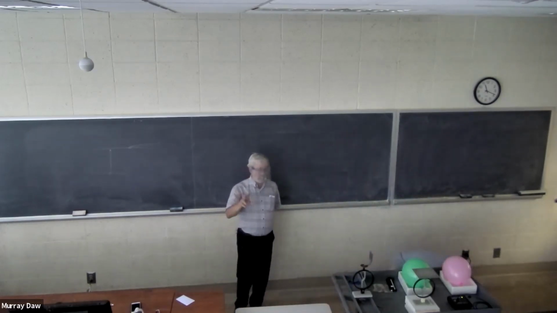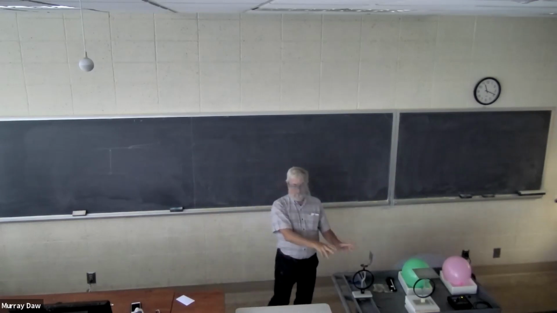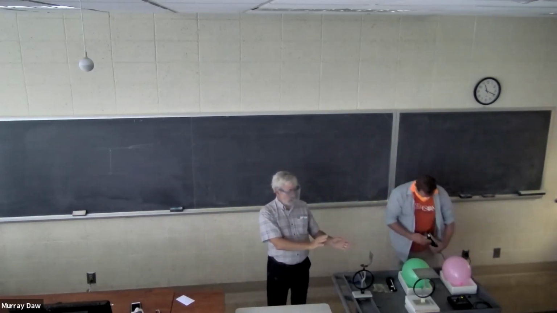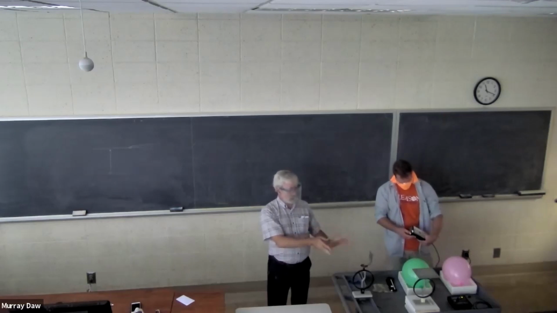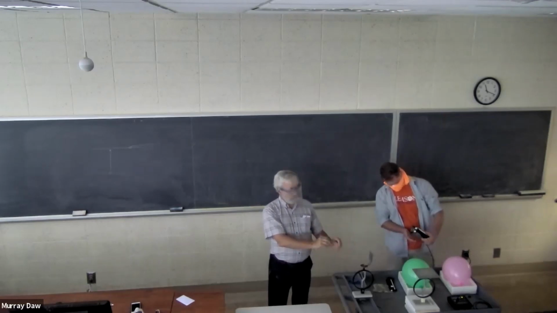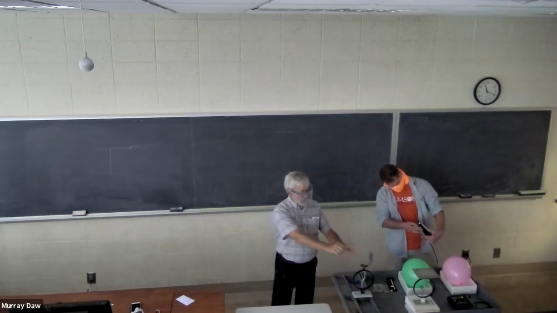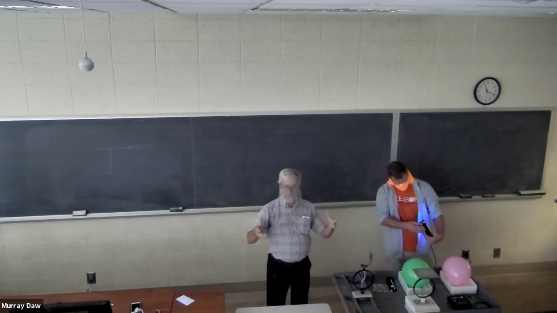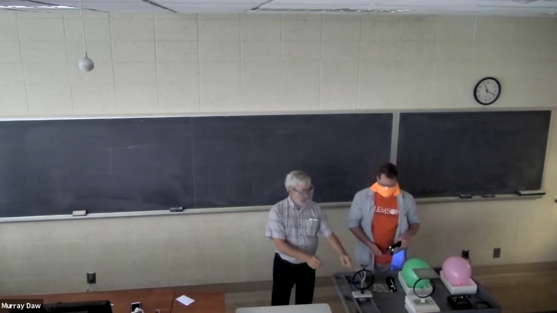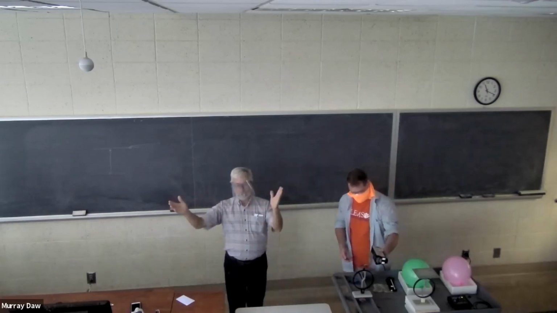So to remind you what's going on, the electrons are mobile. There's two kinds of charges. We call them plus and minus. The electrons are mobile in the metal, and so when the electrons get deposited on here, they spread out. They're repelling each other. And that's what causes the electroscope to push itself open, right?